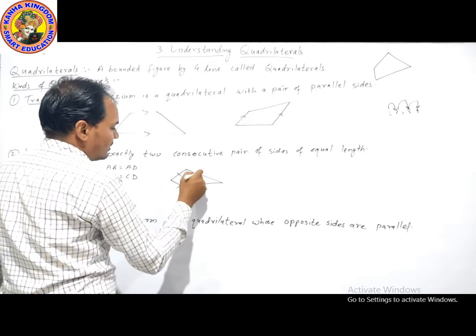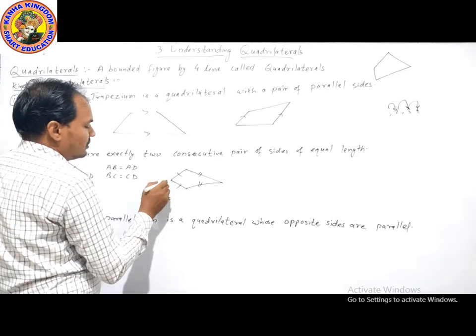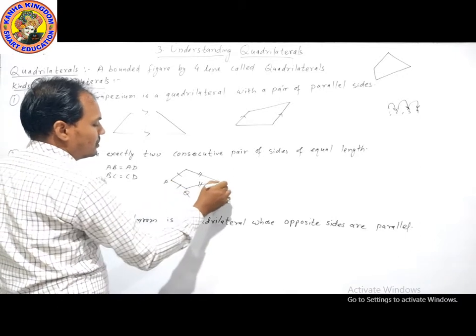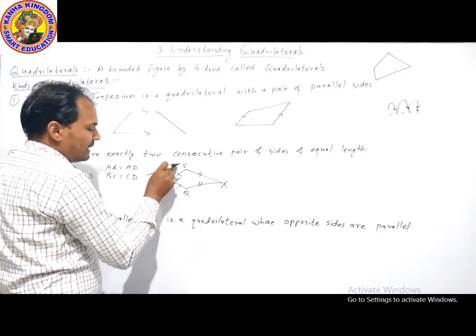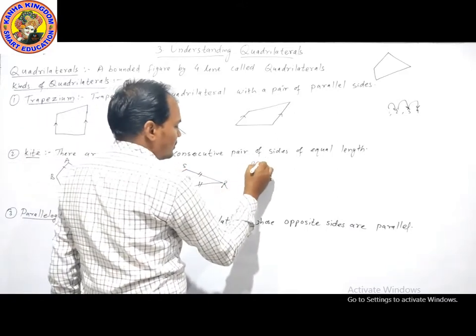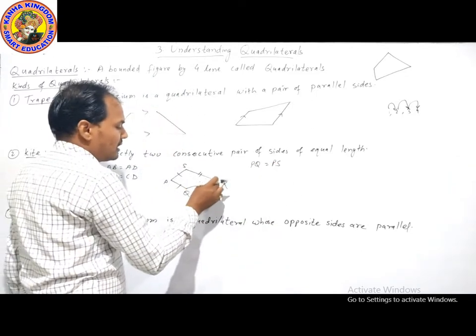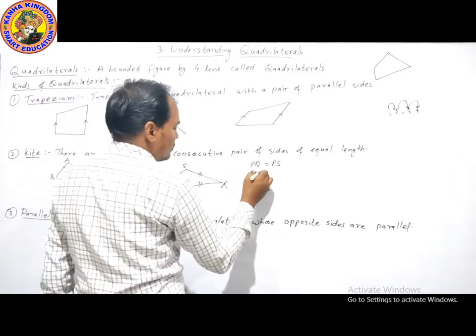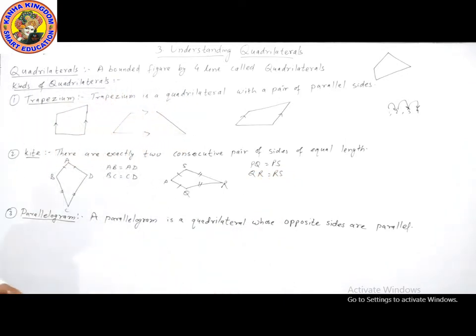These sides are equal and these sides are equal. P, Q, R, S. Here PQ is equal to PS, and QR and RS are equal. Two consecutive pairs of lines are equal.